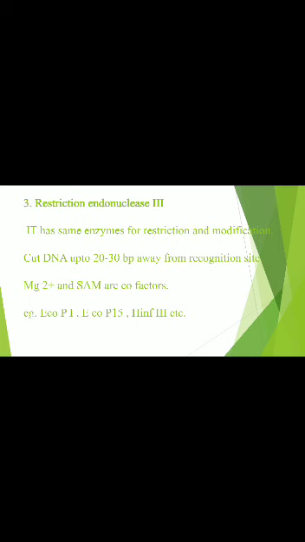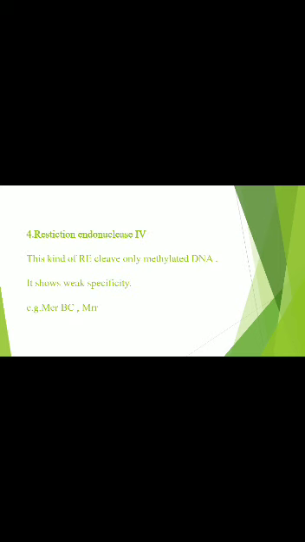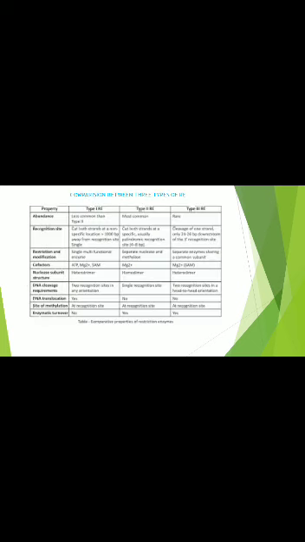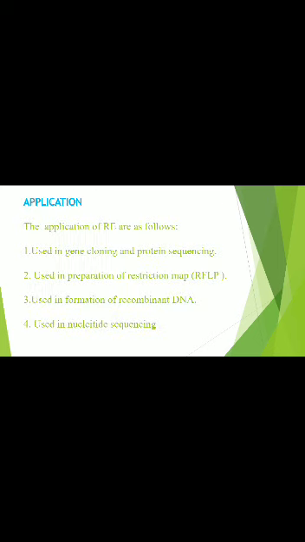Examples are EcoP1, EcoP15, HinfIII, etc. Restriction endonuclease 4. This kind of restriction endonuclease cleaves only methylated DNA. It shows weak specificity. Examples are McrBC and Mrr. This is the comparison between the three types of restriction endonuclease, that is 1, 2 and 3.